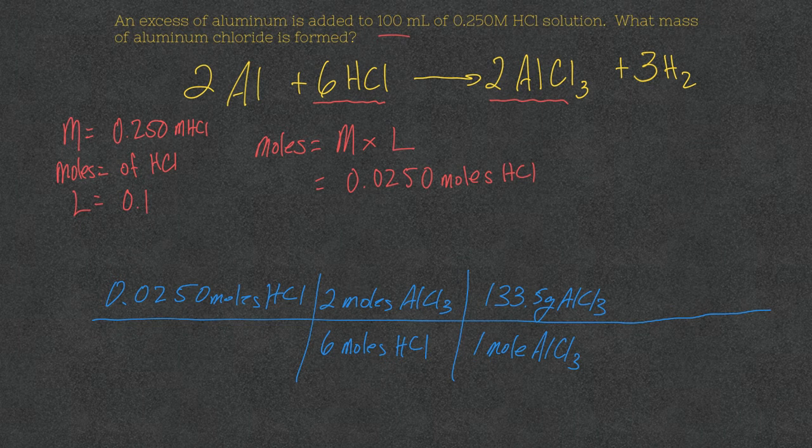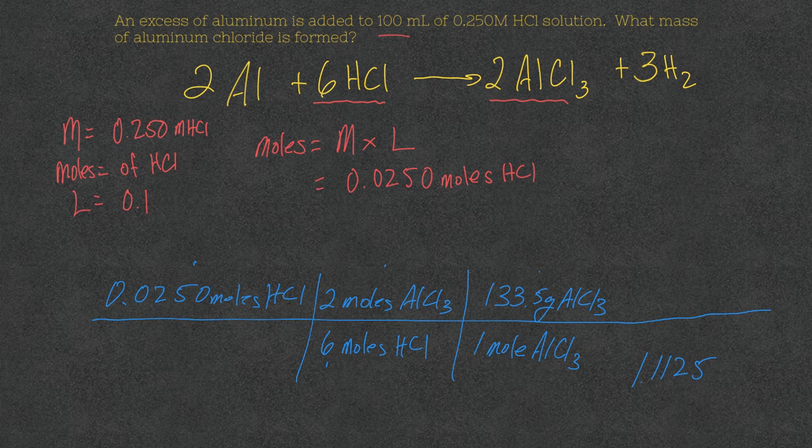Now when I solve for that dimensional analysis, I will take 0.250 times 2 times 133.5. I will get that product, and then I will divide that product by 6. And when I do all of that, my calculator will tell me something like 1.1125. But I cannot write that answer because I am limited by my significant figures.